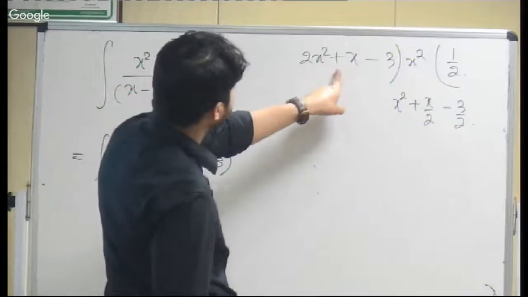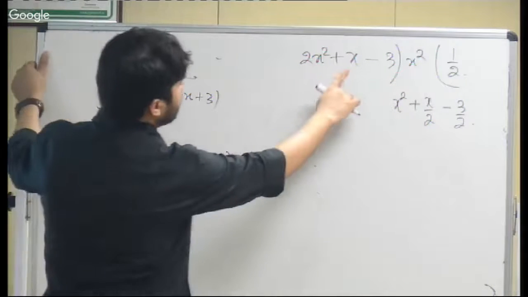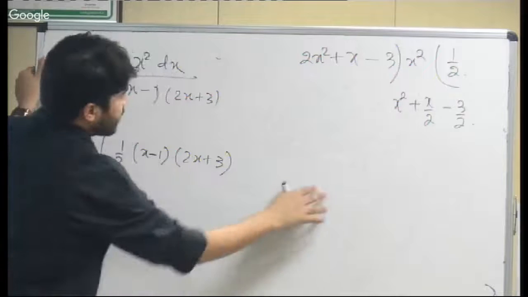When I multiply this, I got an extra term of x by 2 minus 3 by 2, which I need to subtract.